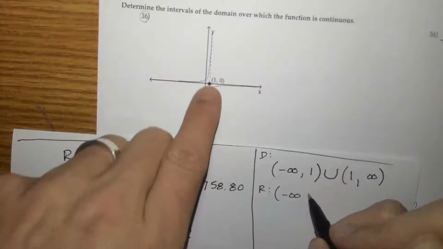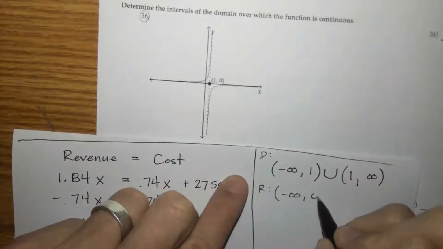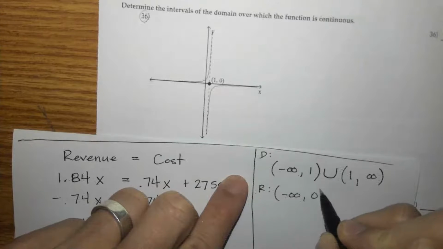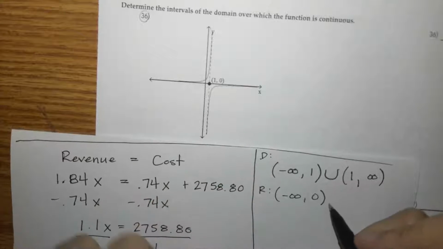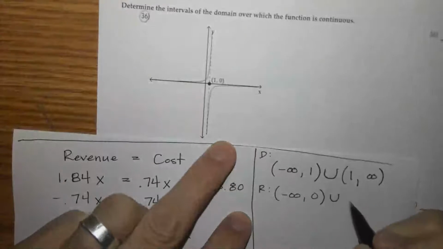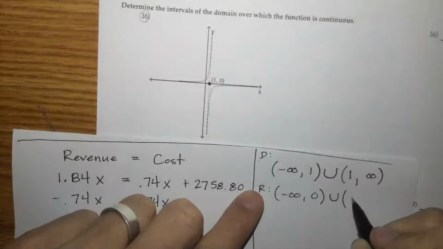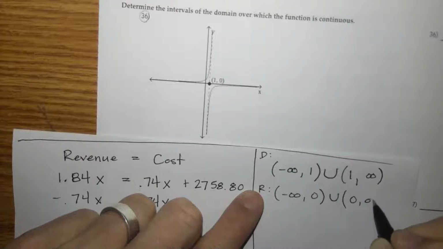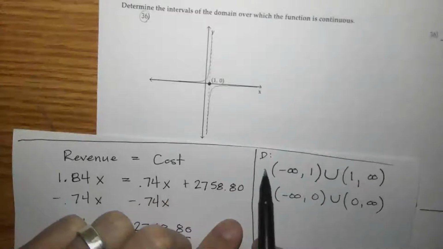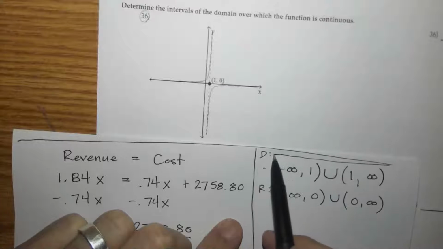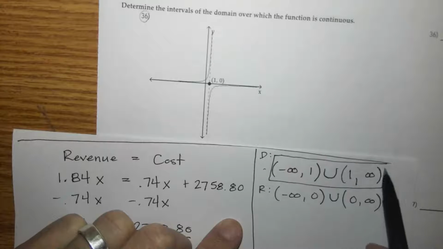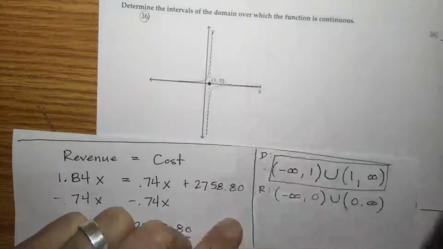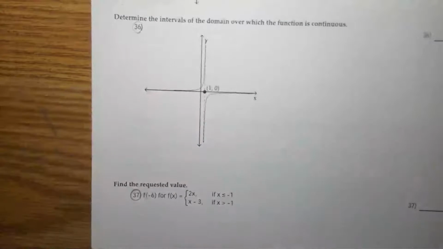Remember, that's how we measure our range, is using the y-axis, and it did the same thing. It started back at 0 and went to positive infinity. So that's where we would say the range is. But like I said, all we needed on this one was just the domain. So just pay attention to what it's asking for. And so if it says domain, that's what you're going to plug in.